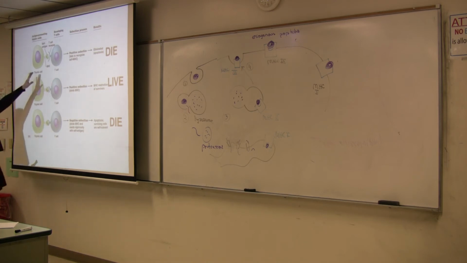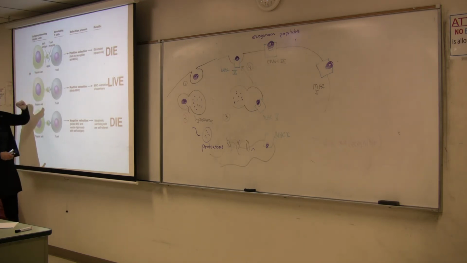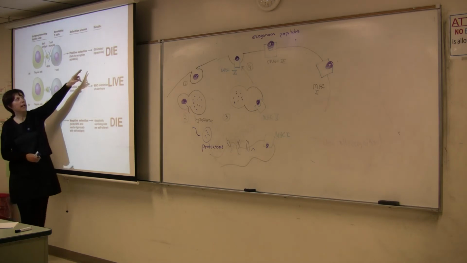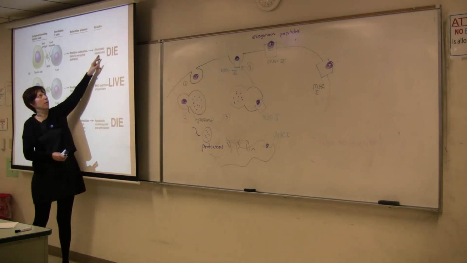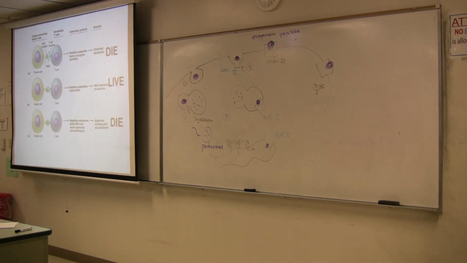So here, the first response is if they recognize the MHC molecule, they're allowed to live. If they don't recognize it, they do apoptosis. And apoptosis is APOPTOSIS, cell suicide. All right?